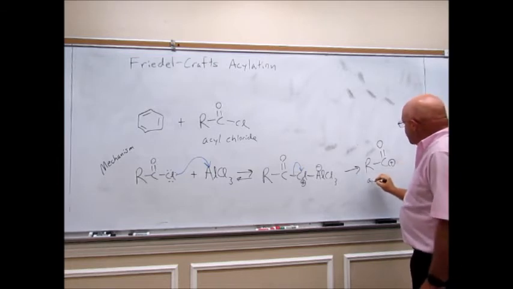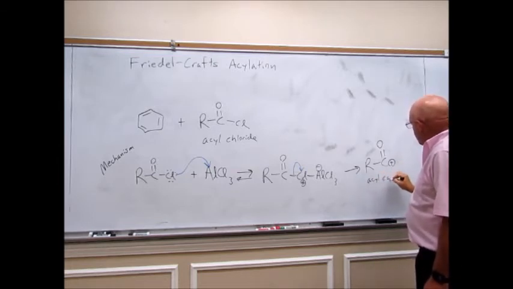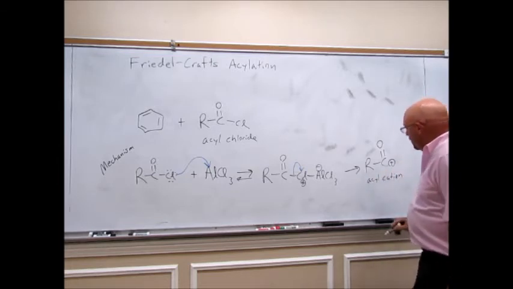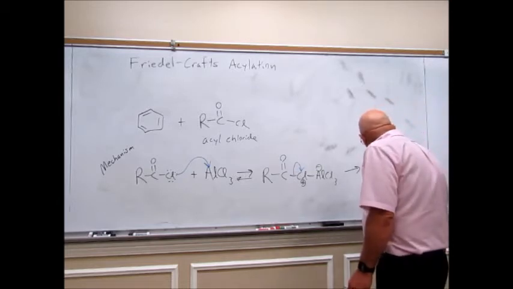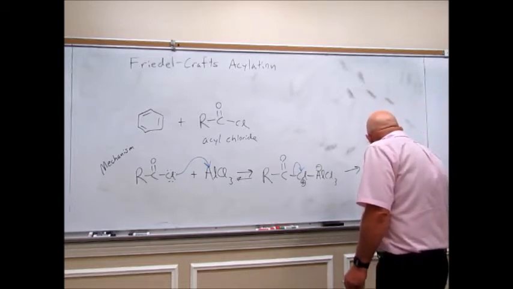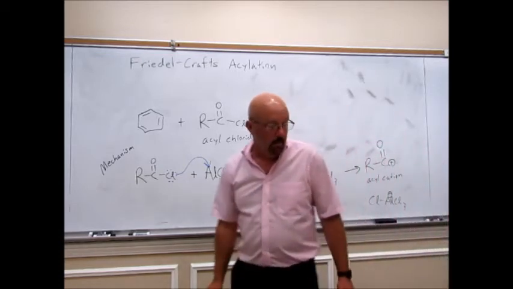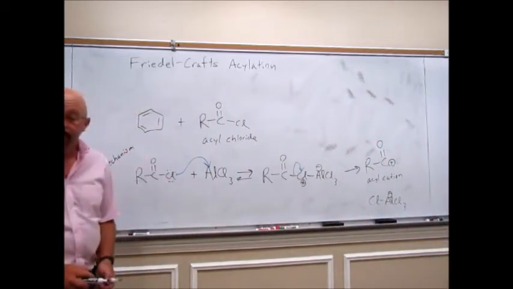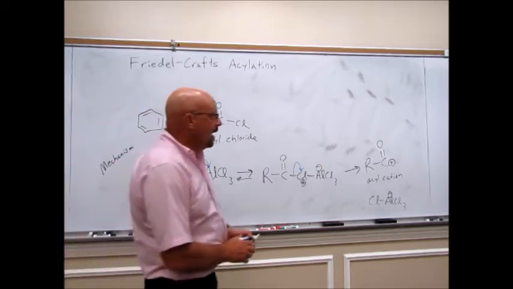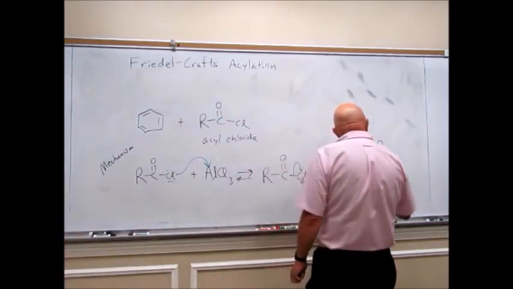That gives us an acyl cation. And we also have the aluminum anion down here that we will need later to get the proton. But we've made an acyl cation. That acyl cation is our electrophile.